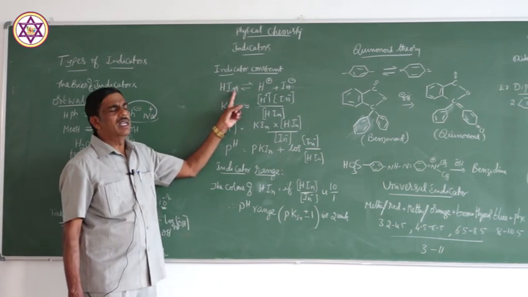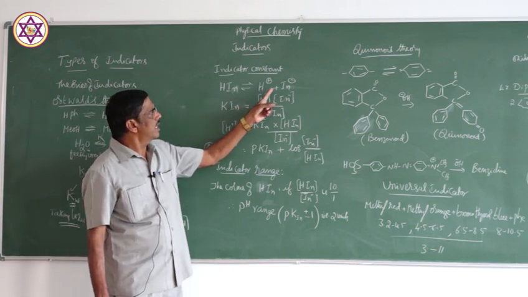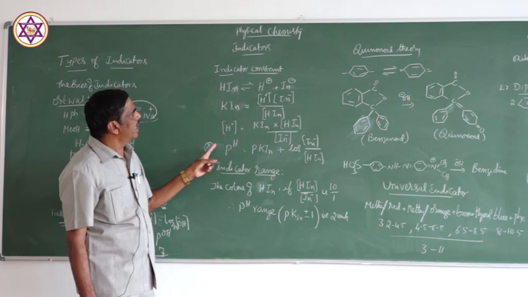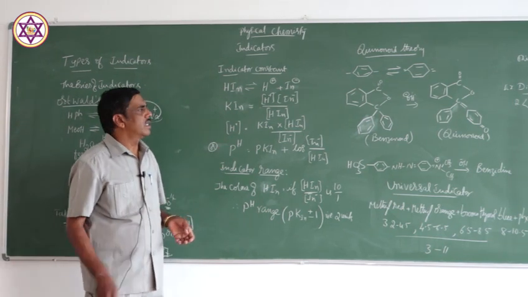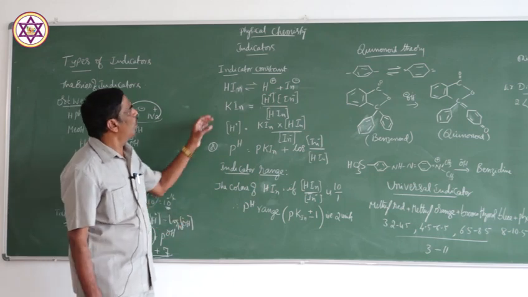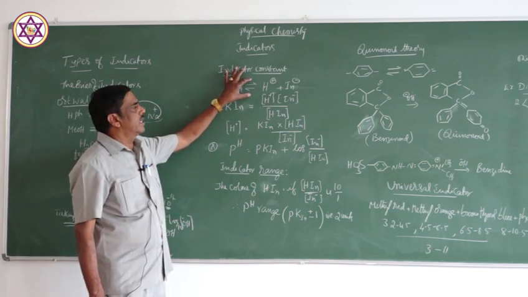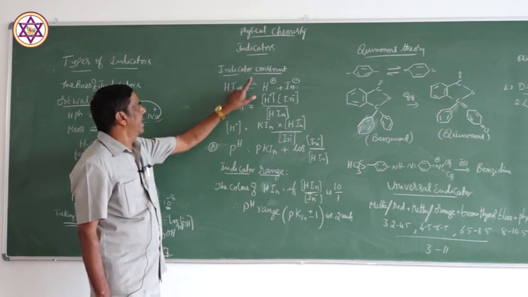Because it is a weak acid or a base, it ionizes to form H plus and In minus if it is an acidic indicator, or it ionizes to form Me plus and OH minus in case of methyl orange. Therefore, you can apply the law of mass action. Let us represent the equilibrium constant by Kin.